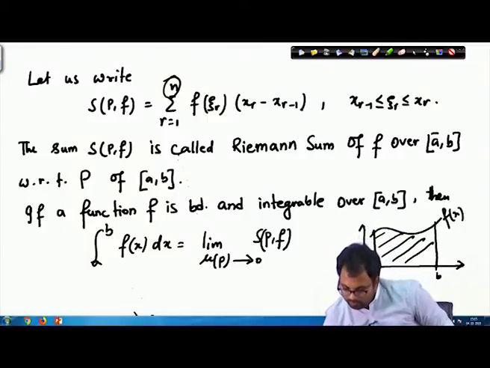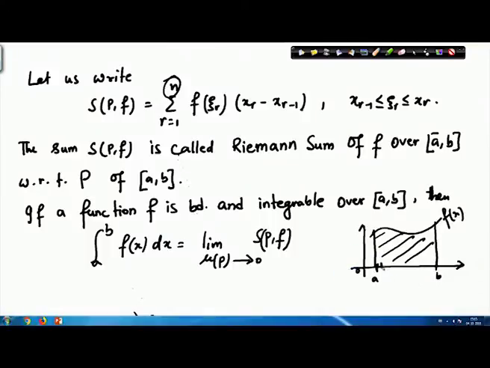And if you take your x1 here, then this area here, if you take a really large number of subintervals, then these small areas are actually converging into rectangles. And in this formula, f(xi_r) times (x_r minus x_(r-1)), if you forget about the summation, is basically the area of one such rectangle.